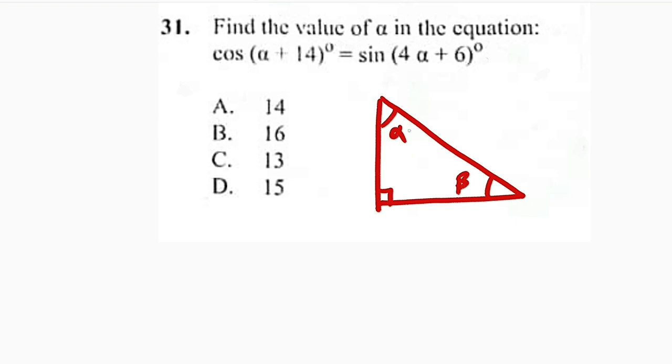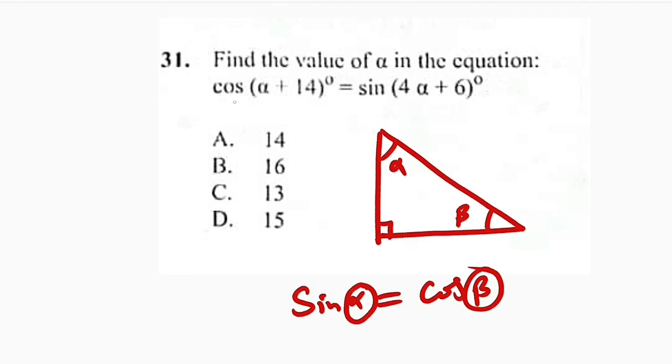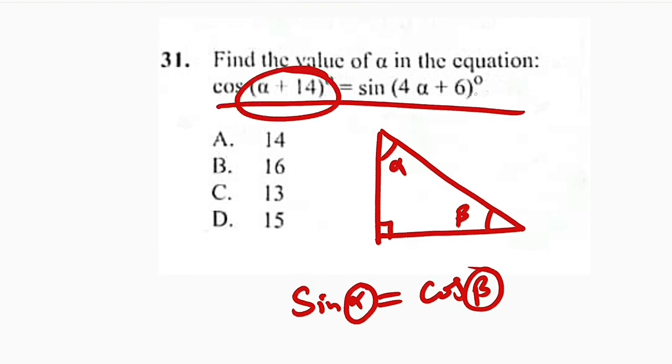You should know that alpha plus beta is always equal to 90 degrees. They are complementary angles. Therefore, in a right angle triangle, sine of alpha is always equal to cosine of beta. This is true because alpha plus beta is equal to 90 degrees.